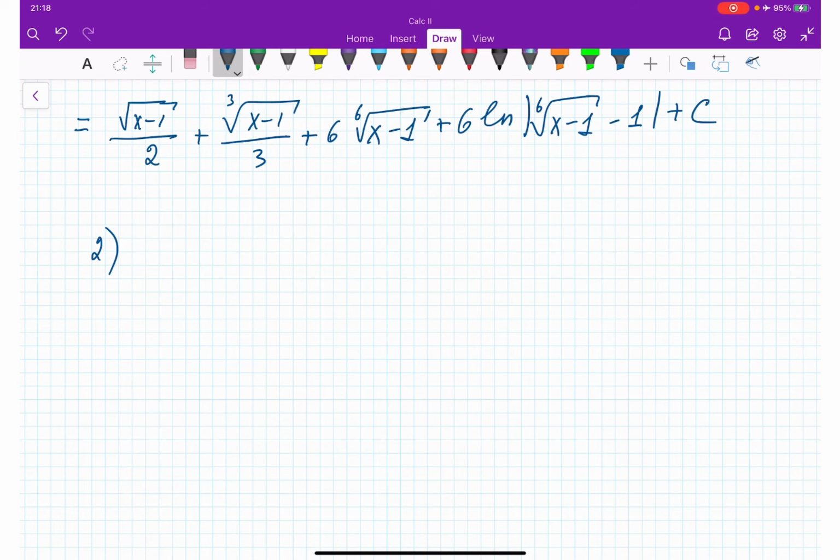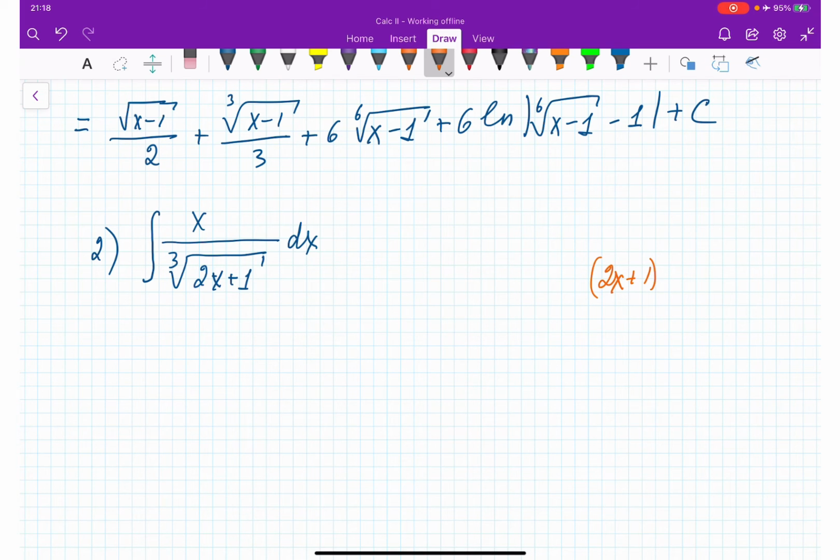We have x over cubic radical of 2x plus 1 dx. Okay. What I'm going to do, again, I'm going to substitute here, since I have cubic radical, so it's going to be, if I write here on the side, 2x plus 1 to power 1/3.